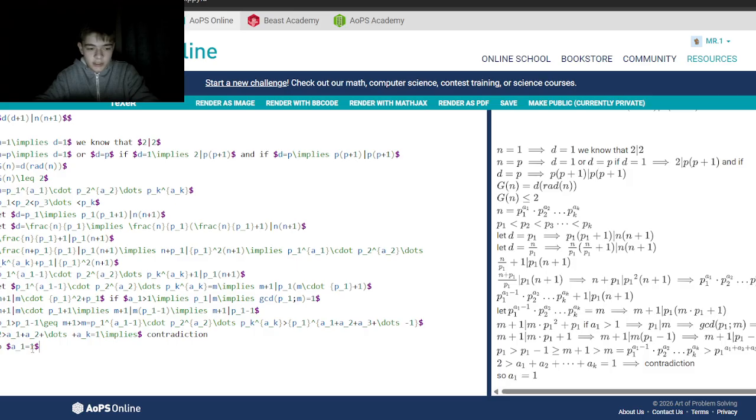We can't say that a1 is equal to 0, because if a1 is equal to 0, then p2 is the smallest divisor, and we have to do the same thing for p2, and that's just infinite descent or something like that. So we know that a1 is at least 1.